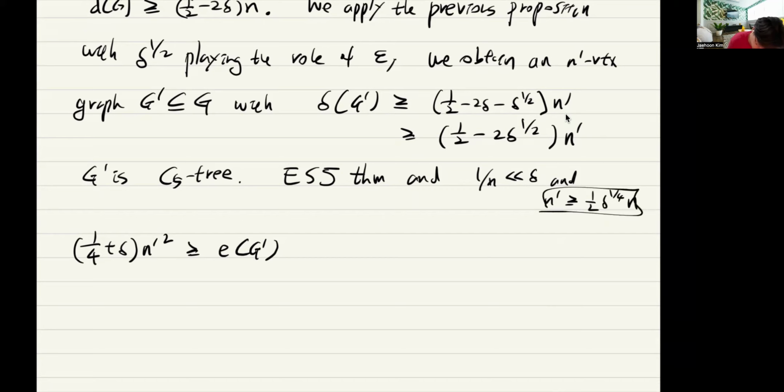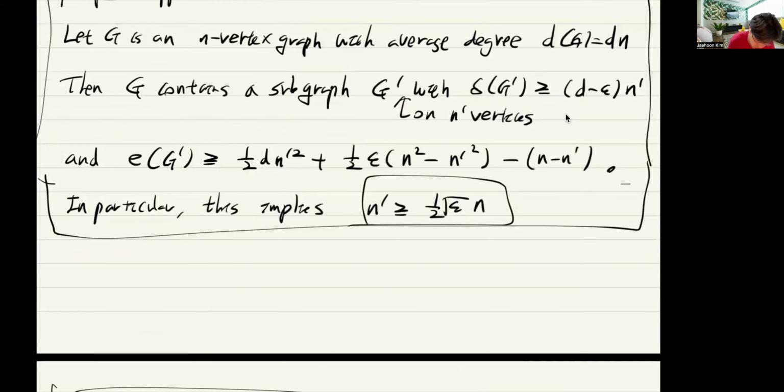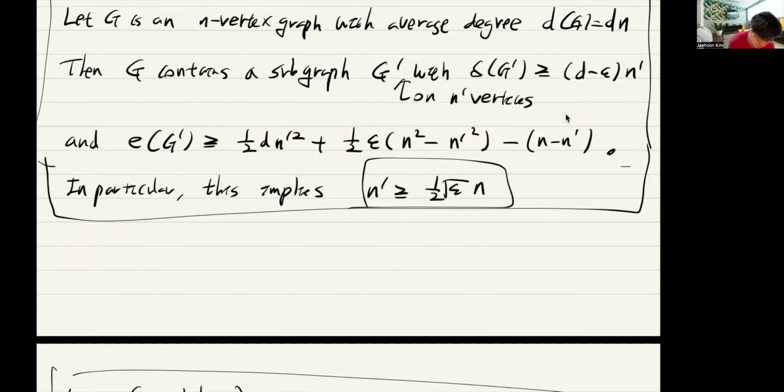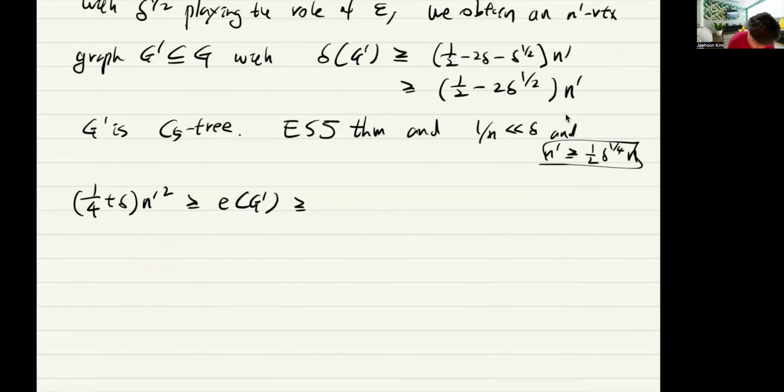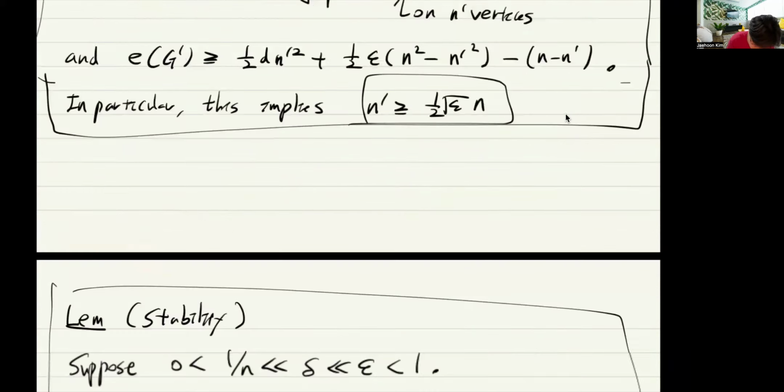So n prime is also large, so this holds. The Erdős–Simonovits theorem roughly determines the extremal number of C5. So this is a C5-free graph, so it has almost this many edges. And from this proposition, we have this lower bound. This is what? Quarter minus half delta n prime square.